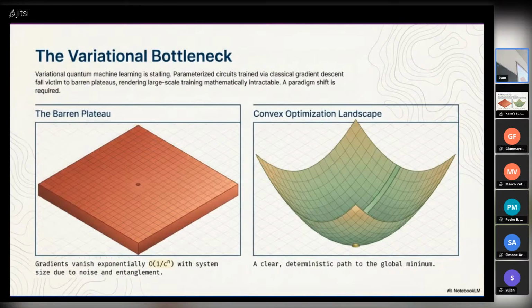The gradient is potentially of the order of 1 over a constant to the power of n, so it vanishes exponentially with the size of the system.